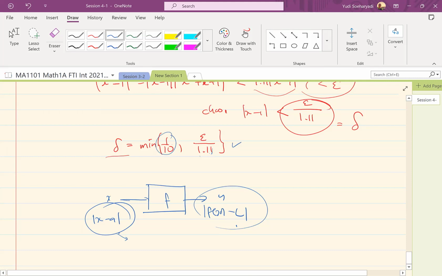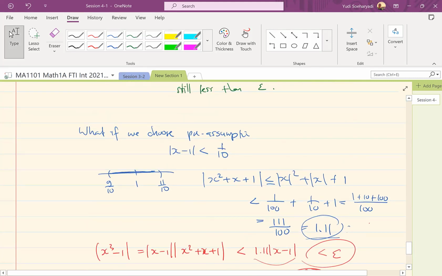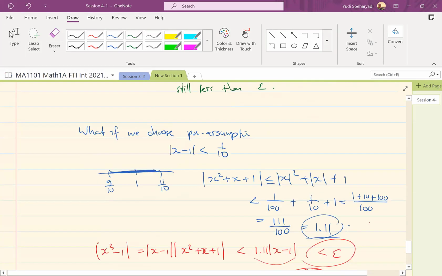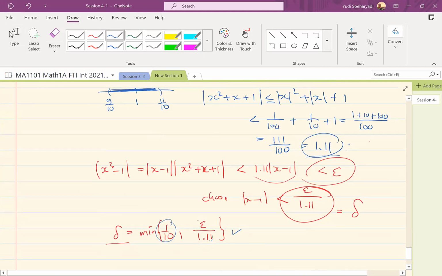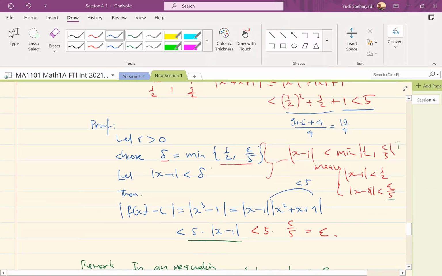To make the pre-assumptions, it's an effort, because you spend more effort here and you get something bigger there. If you want an easy assumption, this 1/2, then you have a more stringent condition, epsilon over 5, smaller.